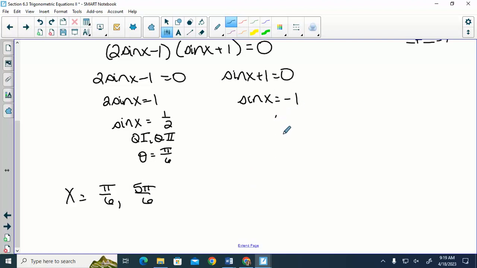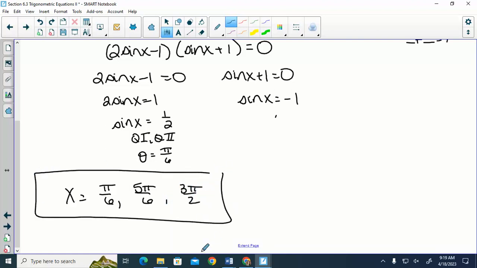Right, second one, sine x equals -1. We don't even really need quadrant reference angle because that only happens once. Think about your unit circle. Sine is the y. When is y -1? 3 pi over 2. Those are my answers.